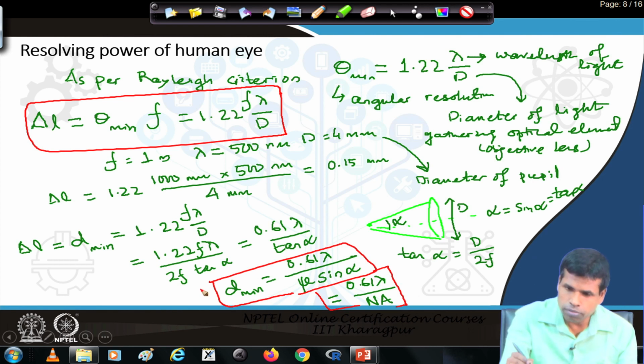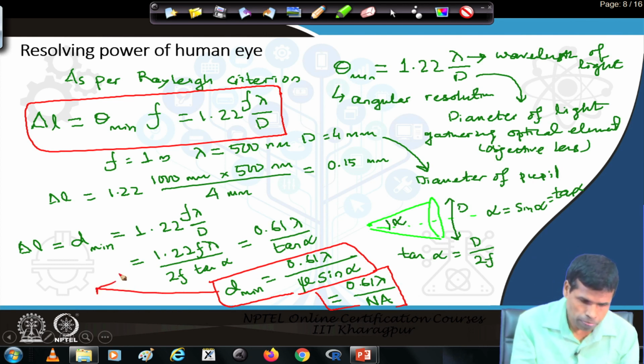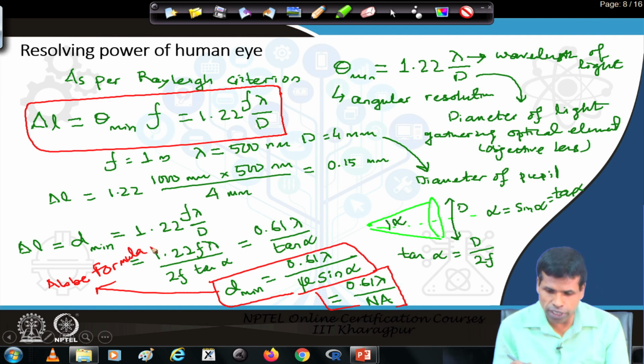This is called Abbe formula. This was derived by Ernst Karl Abbe in the 1870s, and this underlines the importance of lambda, that is the wavelength of the light, and numerical aperture.